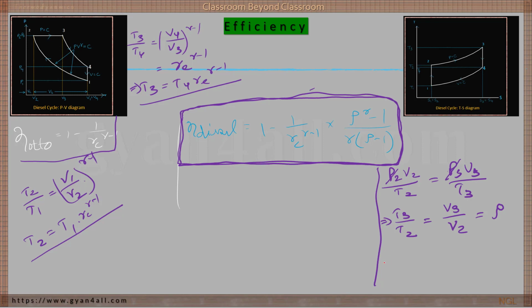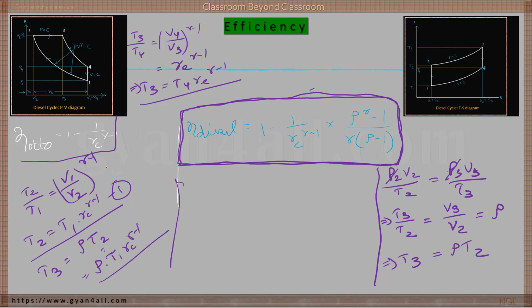So we get T3 divided by T2 equal to rho, so we can write T3 equal to rho T2. We have T2 equal to T1 RC to the power gamma minus 1, so in place of T2 we can write T1 RC to the power gamma minus 1 multiplied by rho.